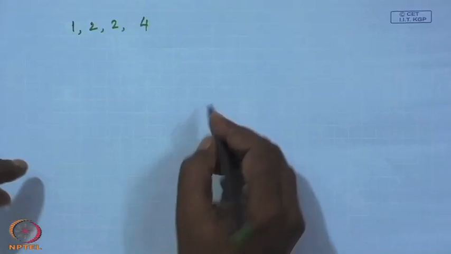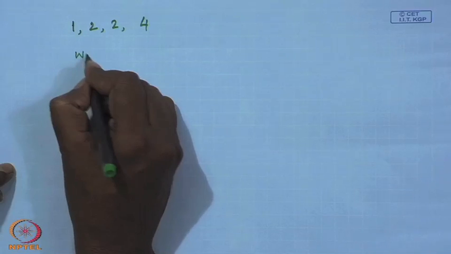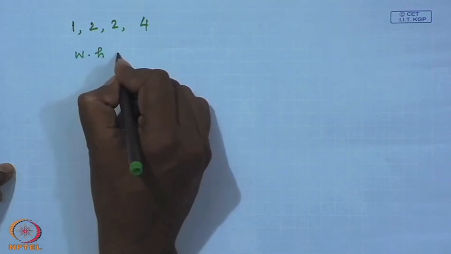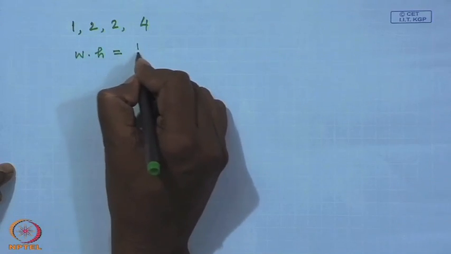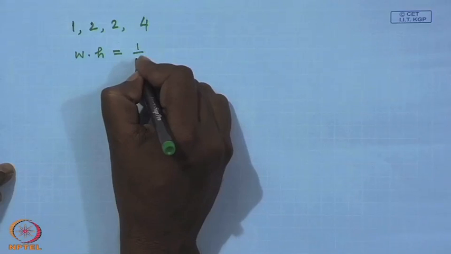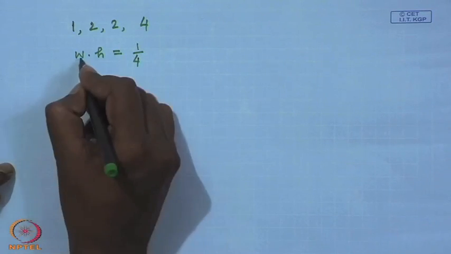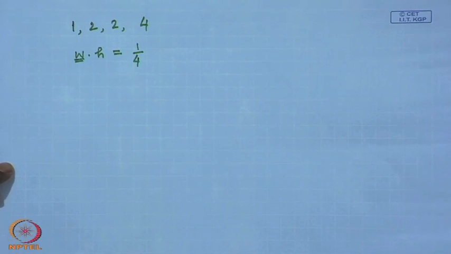So, area under every window will be 1 upon 4, and let us assume that the width of the window I use is the same, equal to 2, right. So, width into height has to be equal to 1 by 4. Now, this width is 2.